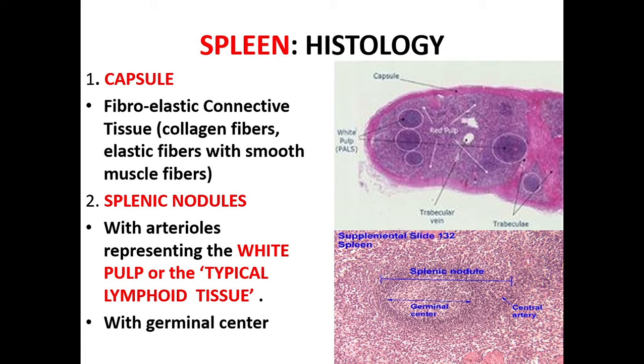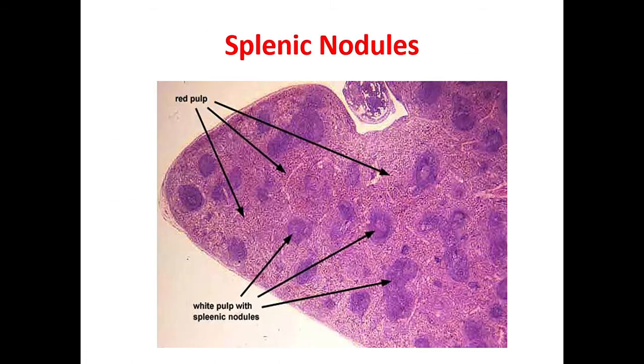What are found in the splenic nodules are arterioles representing the white pulp, or the typical lymphoid tissue, and it also has a lighter area we call the germinal center.